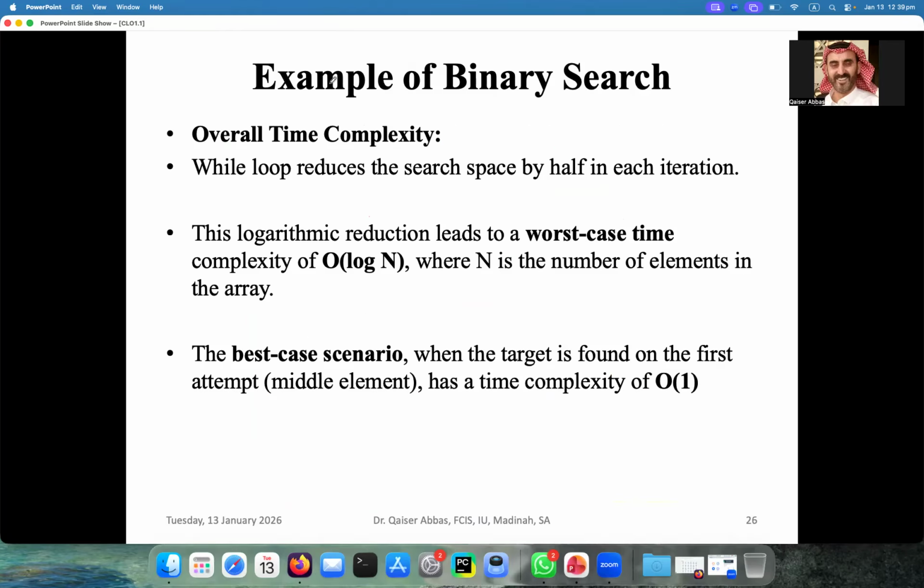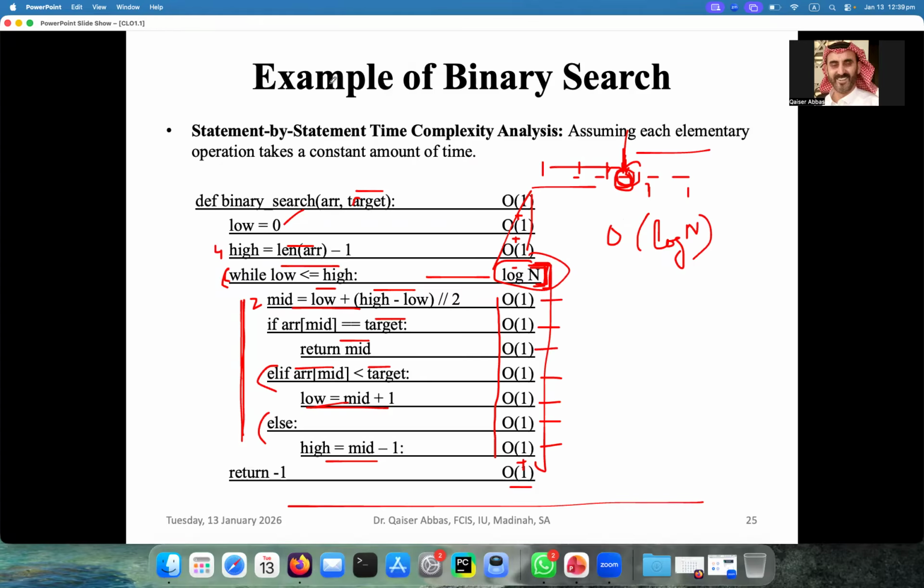So, in the previous slide, why do you say log n and why not only n? Because the loop is not executing n times. How many times is this loop executing? I explained this. N means what? If the size of the array is 5, then n means 5.